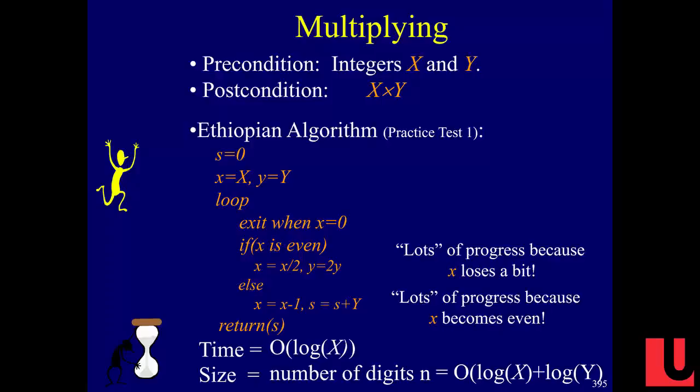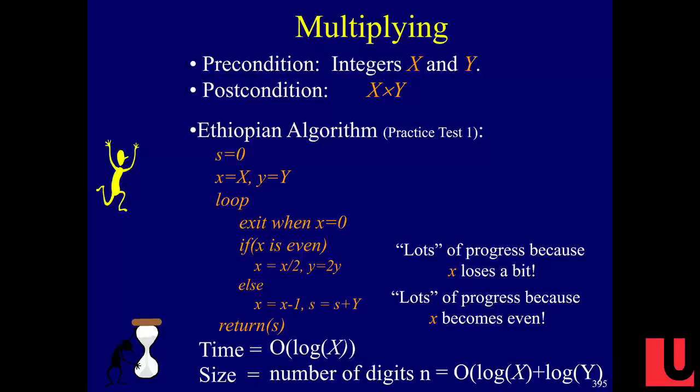So let's write down some number. Let's call that y. Let's write down some other number. Let's call that x. And my goal is to multiply them. How do I do it in high school? I take this digit, I multiply it by that, and I get that.